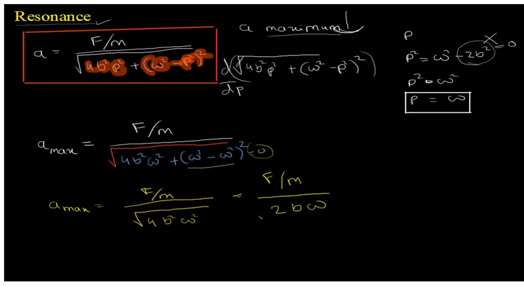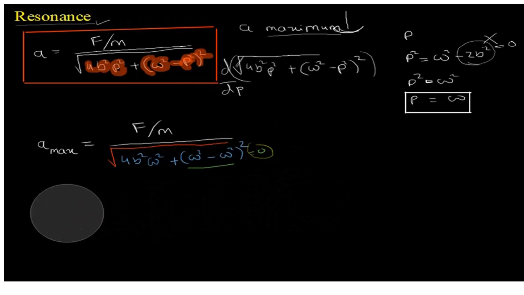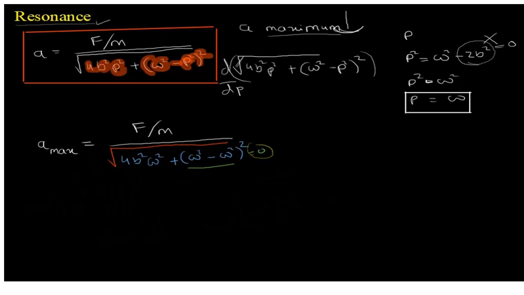So ultimately we can write the equation like this: a max is equal to the amplitude at maximum condition, then f by m divided by 2b omega.